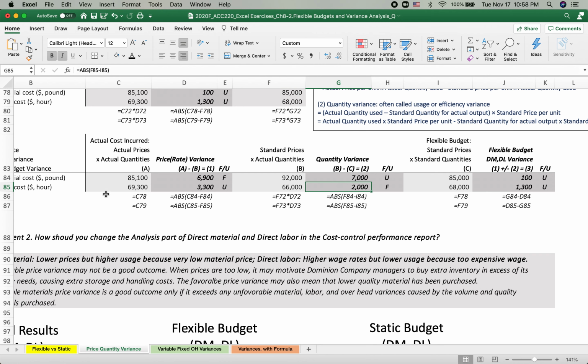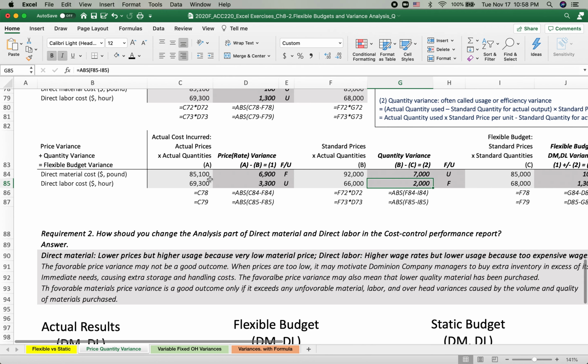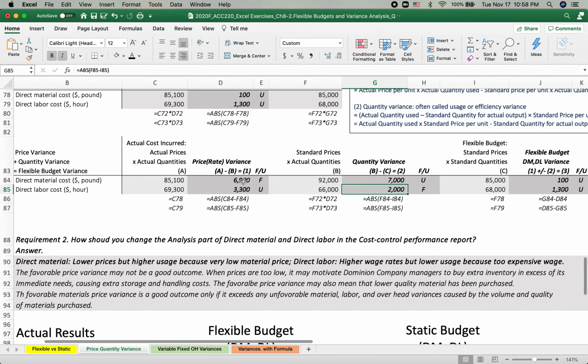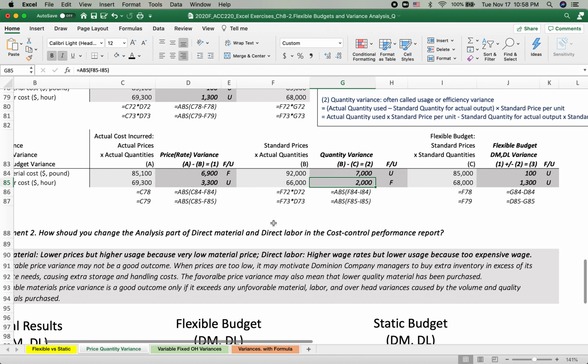Okay, so the reason why they hire expensive labor is that they can reduce the time consumed. So when they produce more product, this skillful labor uses fewer hours. So when it comes to the direct labor cost, the company would prefer to produce more product.